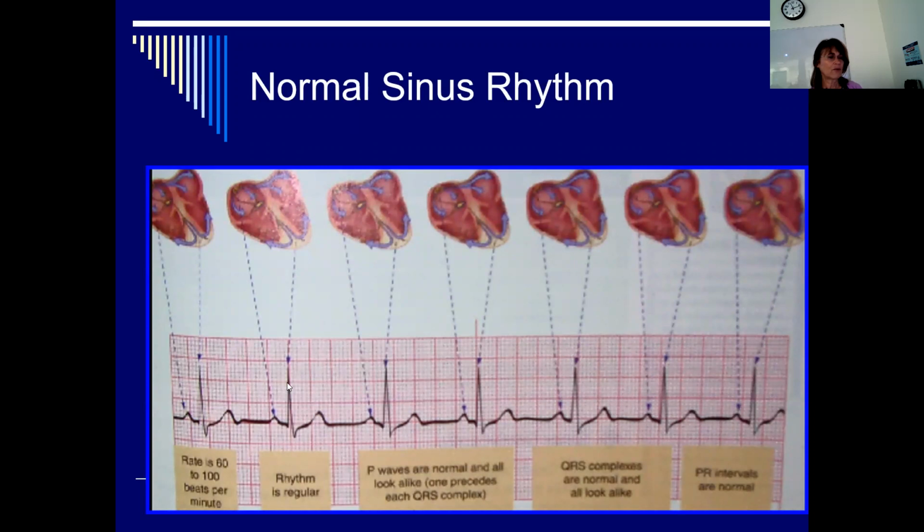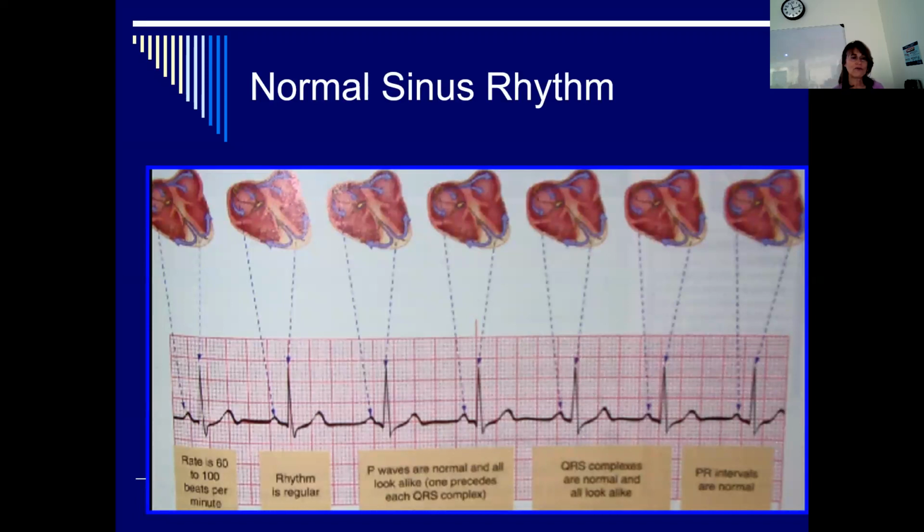Looks like a little over 4 boxes for each one. So we come to the conclusion, and then you guys can use a piece of paper and mark on a piece of paper 1 set of R wave distances, and then compare that to the other R waves, or there's calipers in the drawer if you want to use the calipers. So they're all the same distance apart, so we call that a regular rhythm.